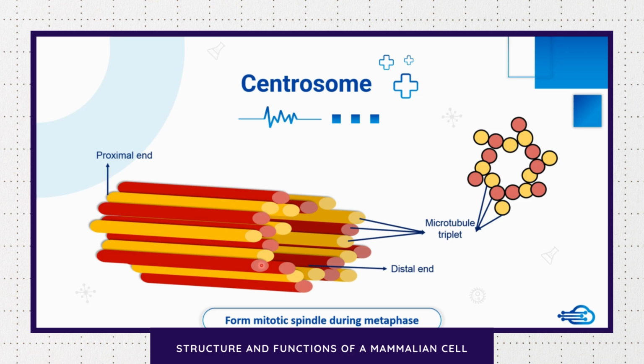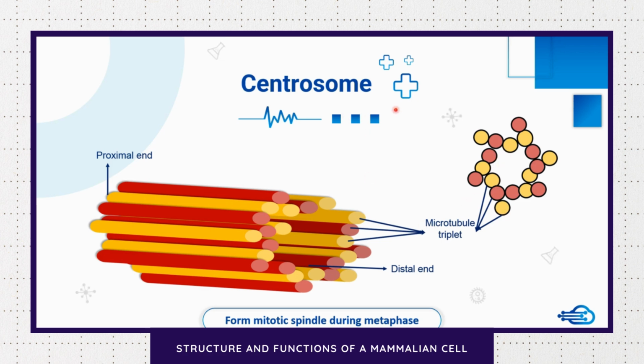So, this is a stack of the microtubules which is arising from the centrioles, and together they are arranged as 9 triplets. So, if you count, it will be 9 triplets of the microtubules which are running at a little angle from each other.